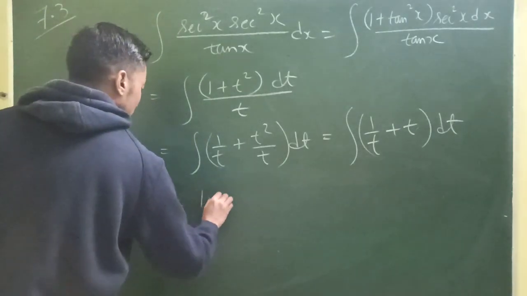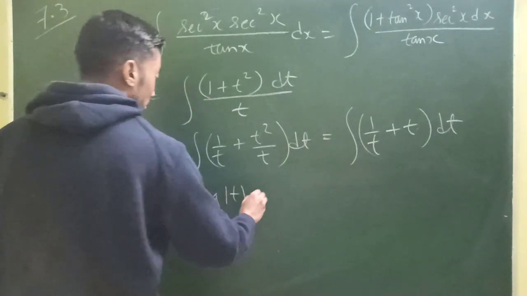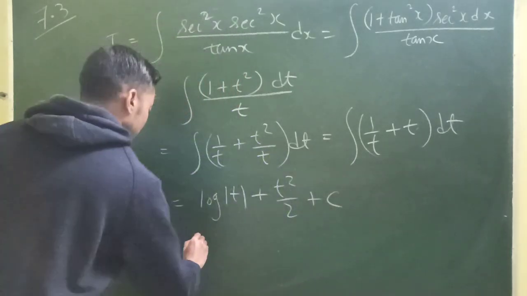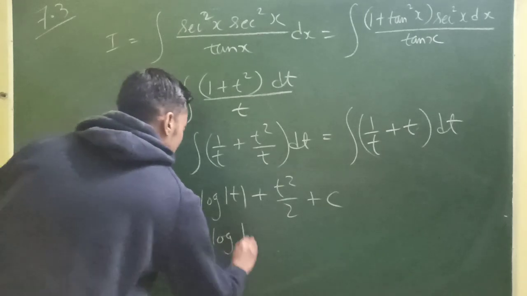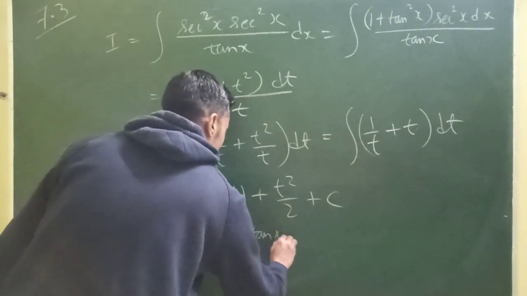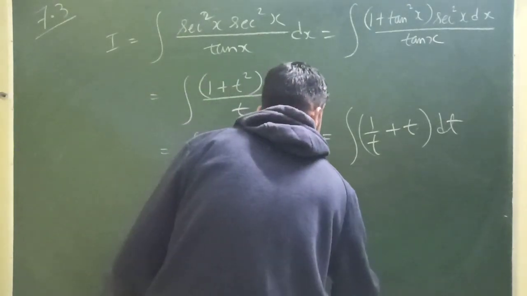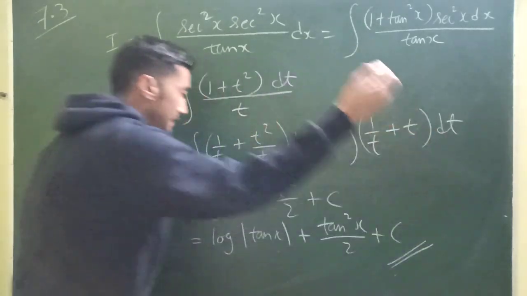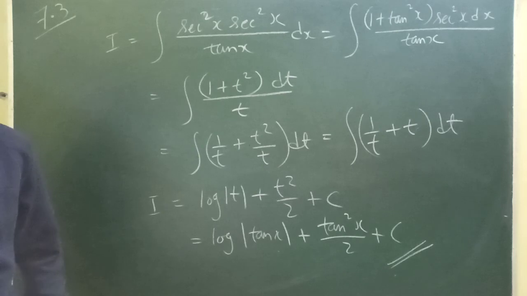Integration of 1 by t is log of t, plus integration of t is t squared by 2, plus c. So that's going to be log of tan x plus tan square x by 2 plus c. I think that's fine. Let's hope we don't have to correct it again. Yes, everything is fine.